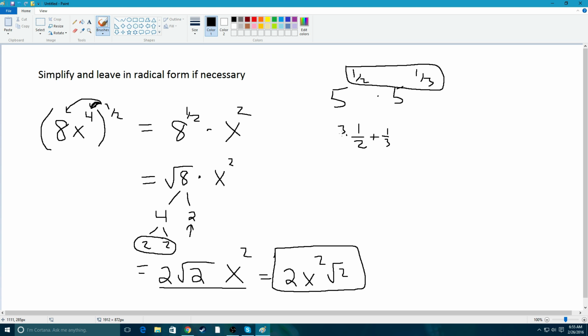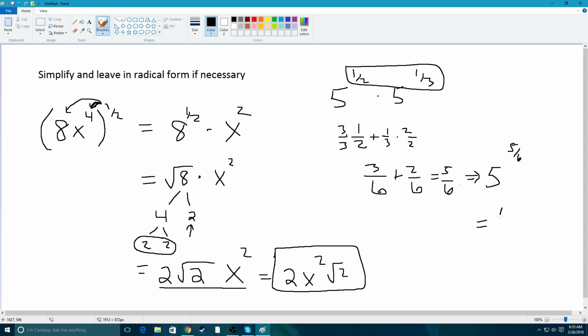And to do fractions, we have to get common denominators. Multiply 3 to both sides on the left, 2 to both sides on the right, and we end up with 3/6 plus 2/6, which equals 5/6. So that means our answer is 5 to the 5/6 power.